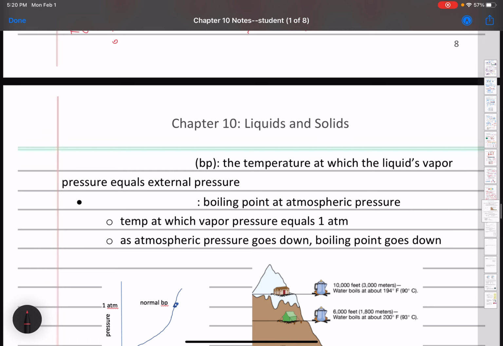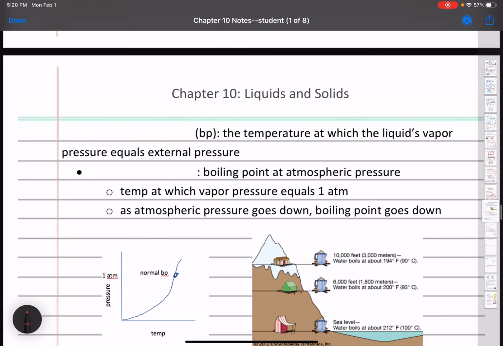All right, so along with the vaporization, every liquid has a boiling point, which is often in chemistry abbreviated as BP, not to be confused with blood pressure, which is what all the nursing students would say BP indicates.